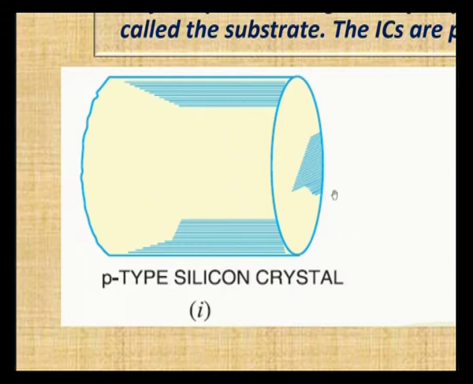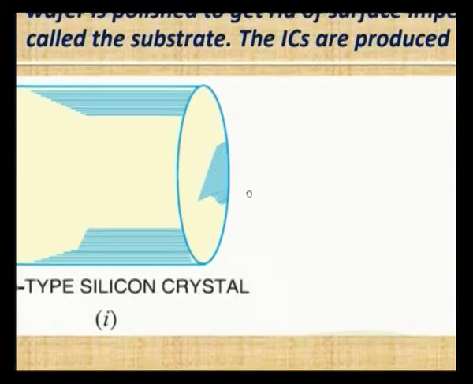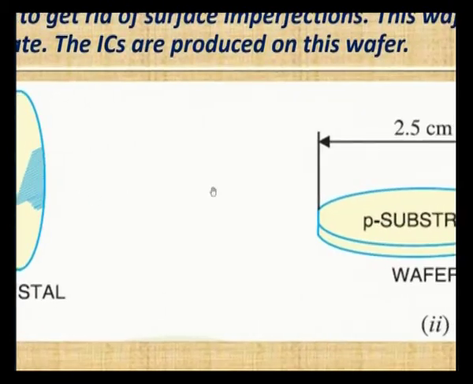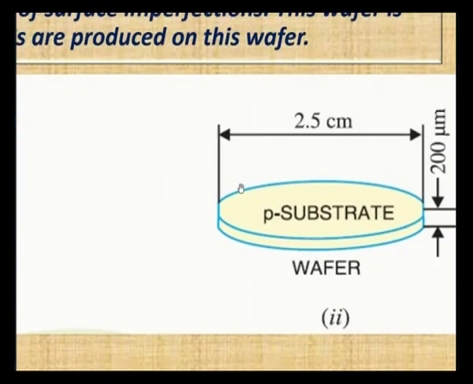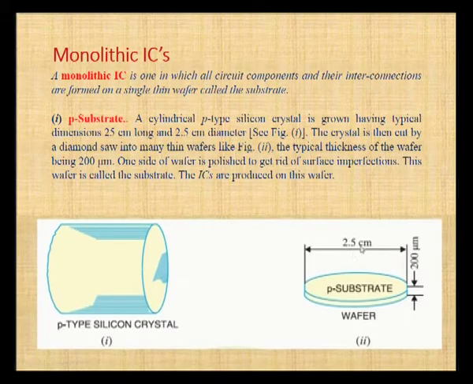This is how a P type silicon crystal looks, with a diameter of 2.5 centimeter and a length of 25 centimeter. This is the first step of the monolithic IC process.